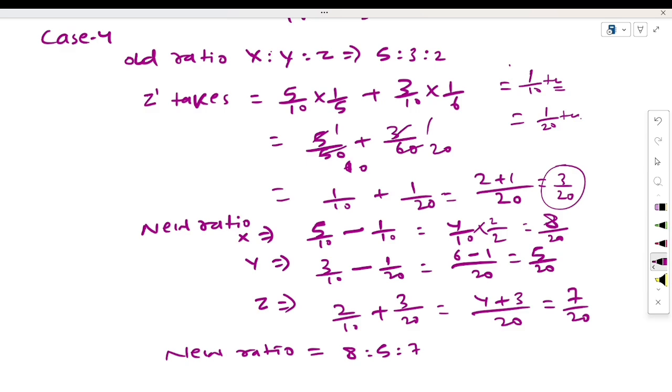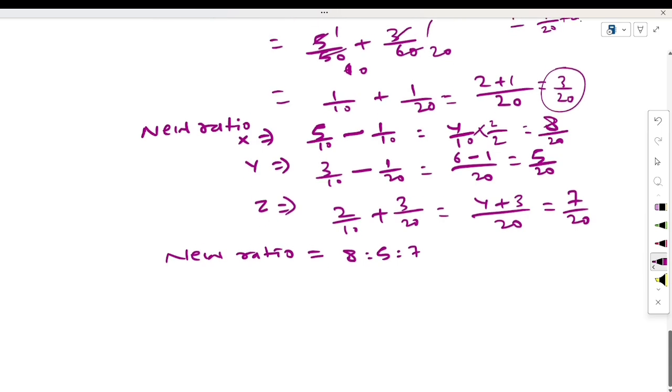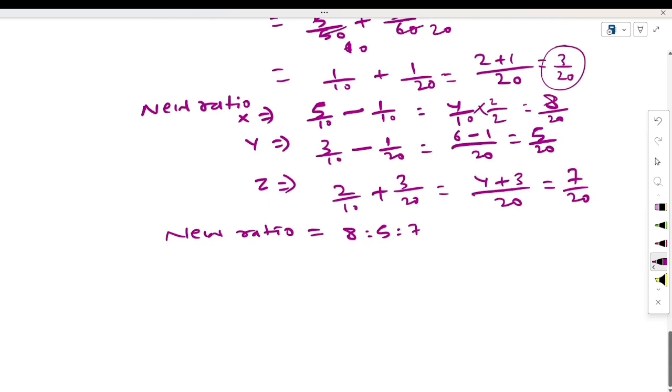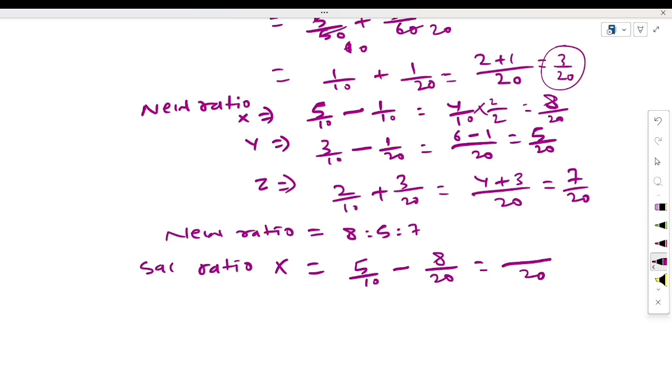After that, we have to calculate the sacrificing ratio. Now, calculate the sacrificing ratio for X: old ratio minus new ratio. Old ratio is 5 upon 10 minus new ratio 8 upon 20. 20: 10 minus 8, 2 upon 20.